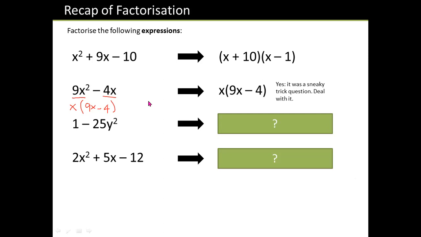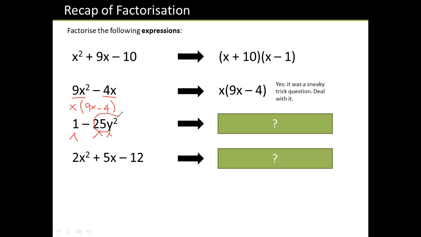What about Grace? What is your answer? Yes, Grace, 1 times 1 minus 25y. You can factor out 25 and you can factor out y also. So you can have this term.